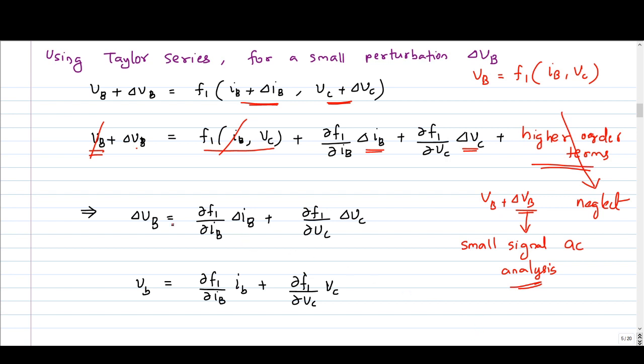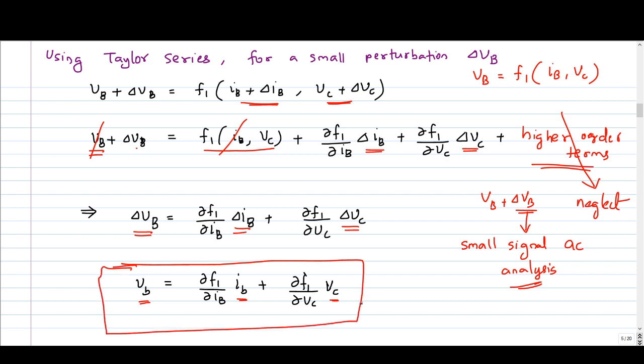Here, for simplicity and easy notation, delta VB, delta IB, delta VC, etc. are simply replaced by small vb, small ib, small vc. So this is the first equation representing the dynamics of the transistor: vb is equal to dou f1 by dou IB into ib plus dou f1 by dou VC into vc.